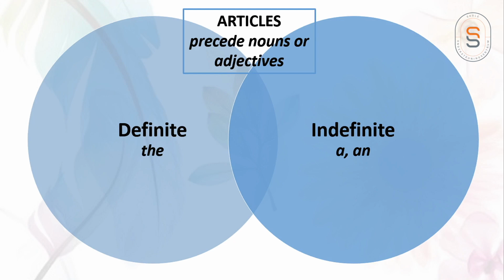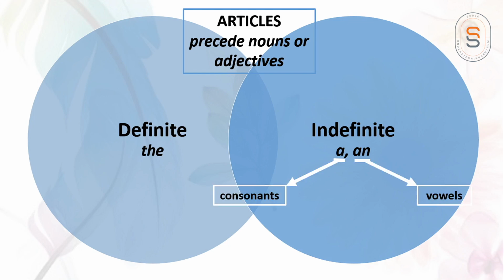Then we have articles. It precedes nouns or adjectives. We have a definite article, the, and we have indefinite articles, a we use when consonants are concerned, and an we use where vowels are concerned. Right, so it's John won a prize for history, which is an indefinite article, a prize.